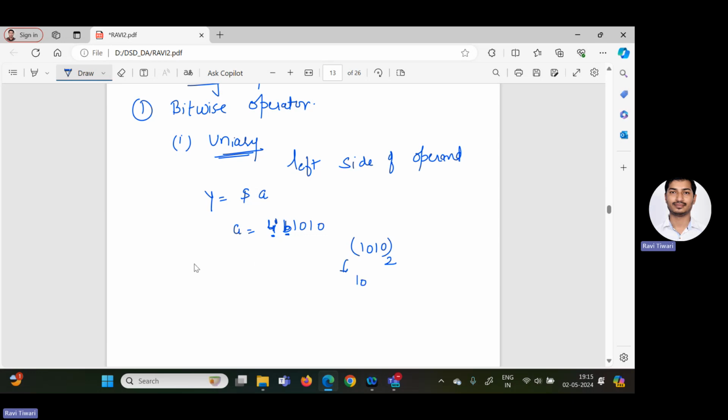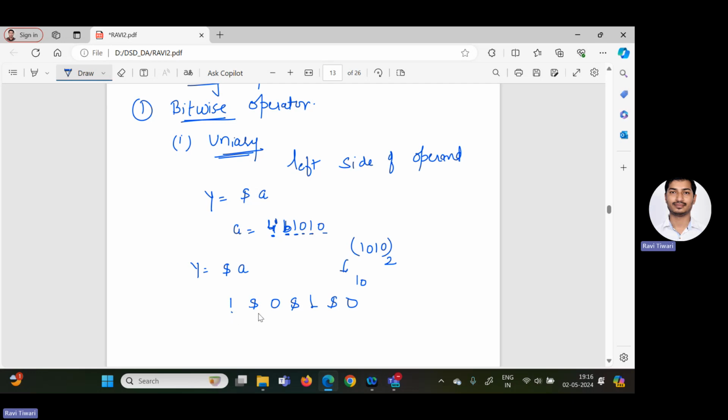Now, if after this line you write Y is equal to AND operation of A, it's a bitwise operation. We have seen the bitwise operation. That means it will perform 1 and 0 and 1 and 0. The number, bit by bit, will take the AND operation between them.